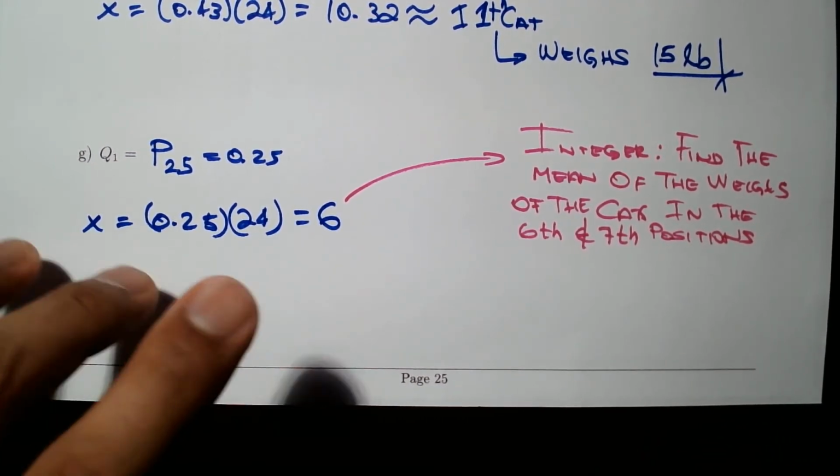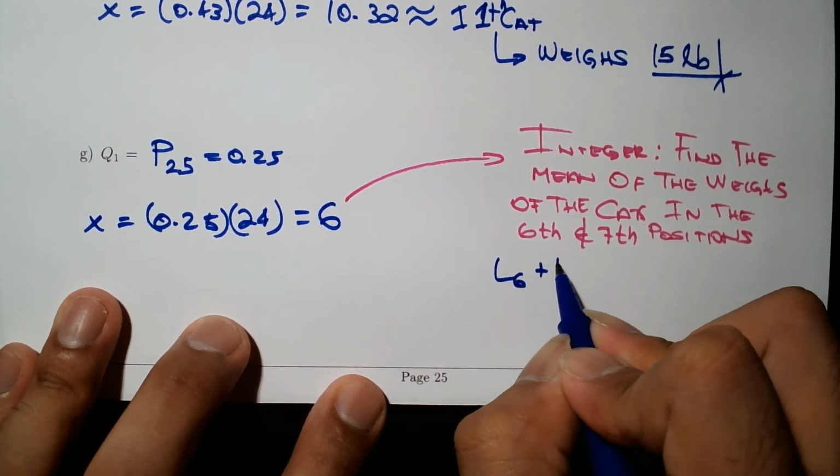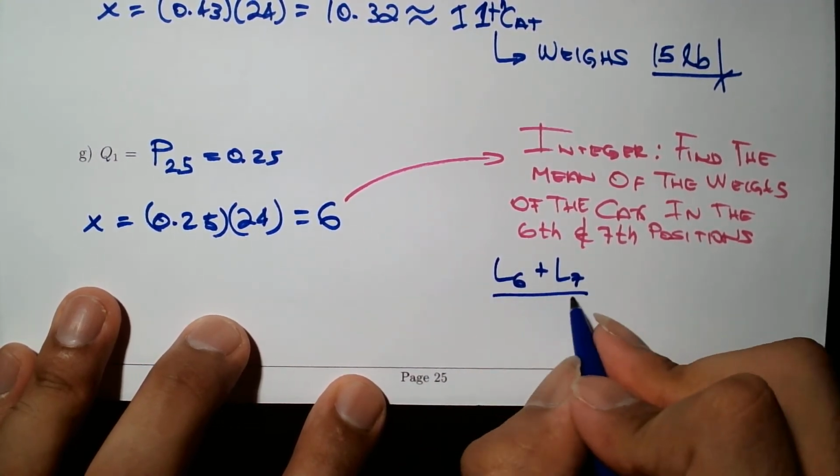We are going to add L6 plus L7 and divide that by 2.